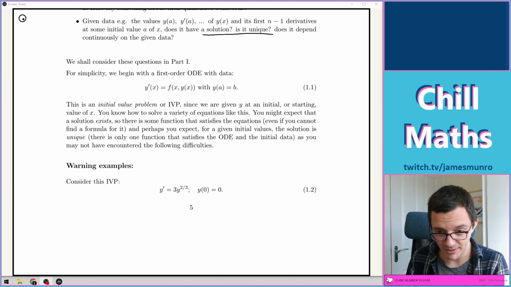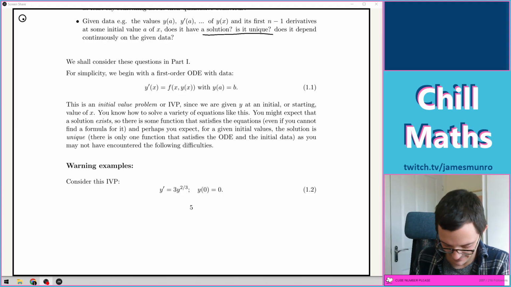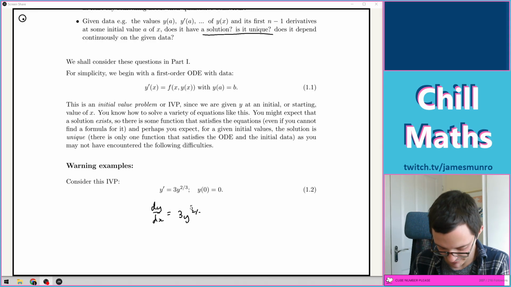So here we go. It's an initial value problem. There's a lot of three-letter acronyms in this course, I think. Or at least two so far. That's a lot, right? The derivative of y is 3 times y to the 2/3, which I think you learned in school at some point, right? So if I write it like this, that's a little bit more familiar.